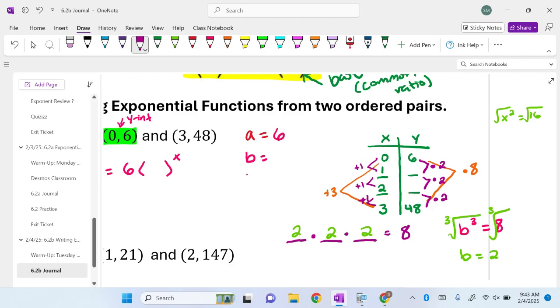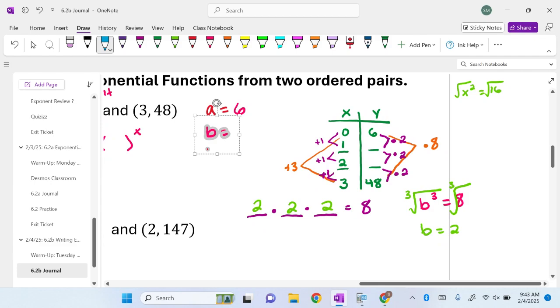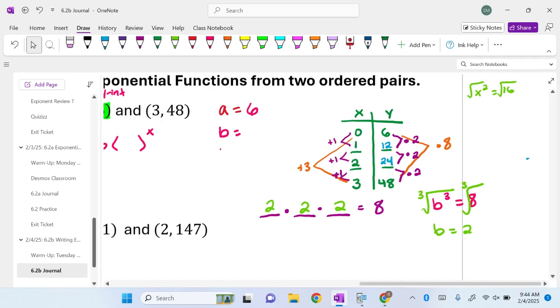What's 6 times 2, guys? 12. What's 12 times 2? What's 24 times 2? 48. And we end up where we want to end up. So my suggestion to you is check it to make sure you got the correct b value.